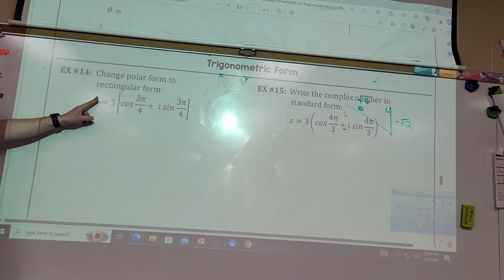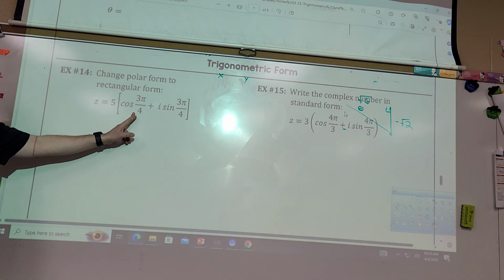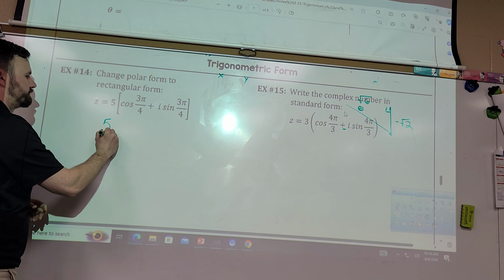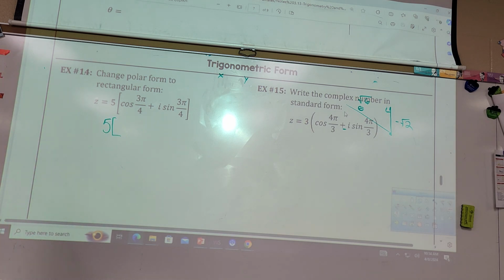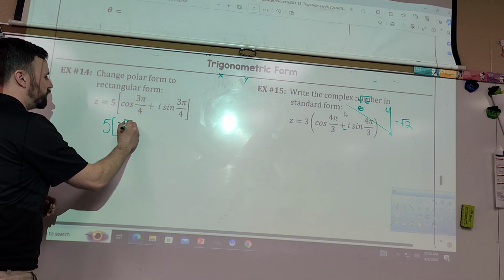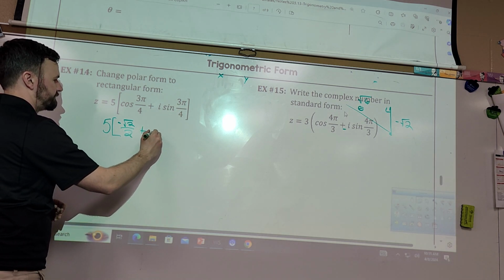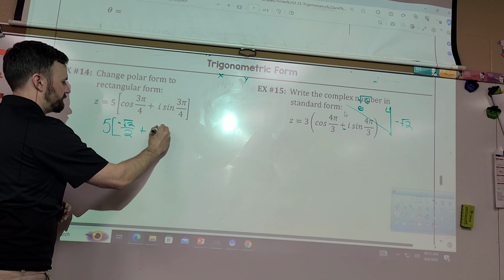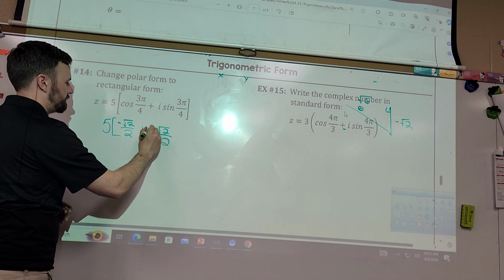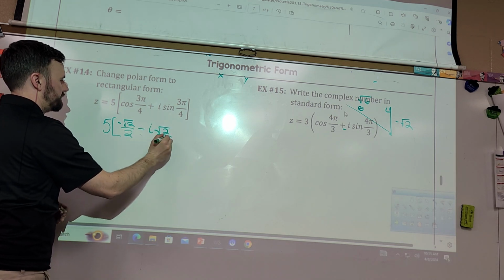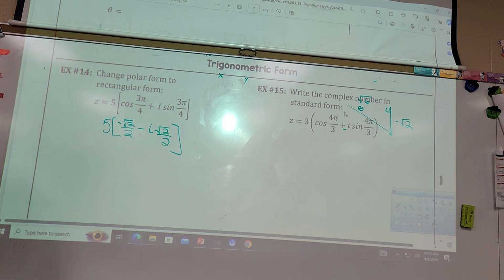Change from polar to rectangular. What's cosine of 3 pi over 4? Yeah. Negative root 2 over 2. I'm just looking ahead. What's sine of 3 pi over 4? I'll put a minus here. Do you guys see what I did? Oh, I'm sorry.